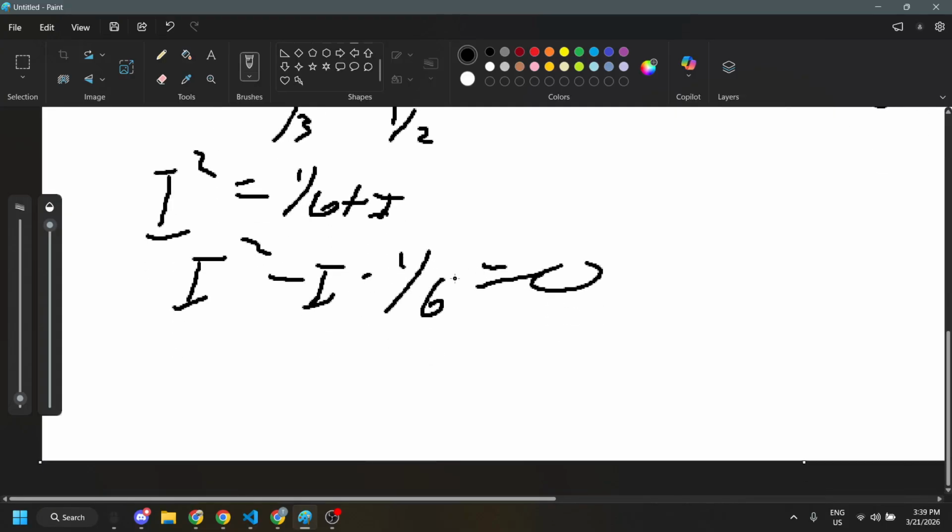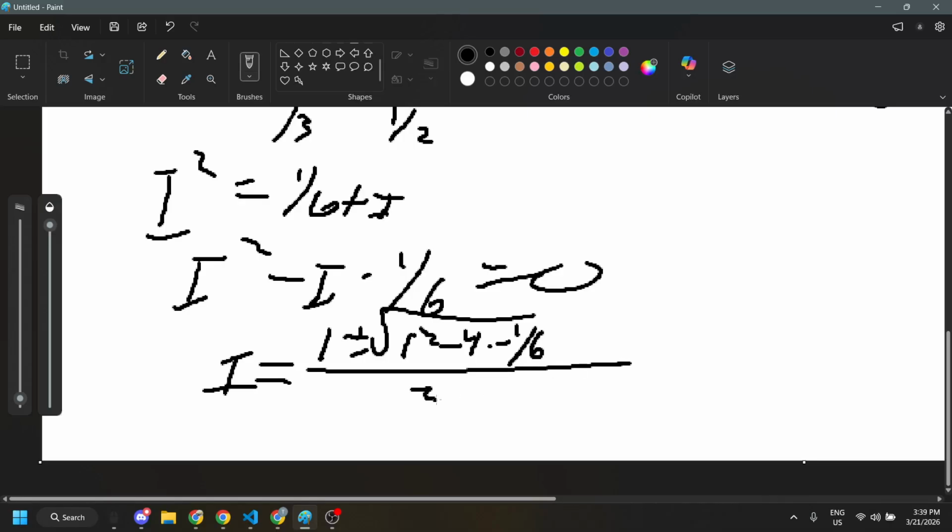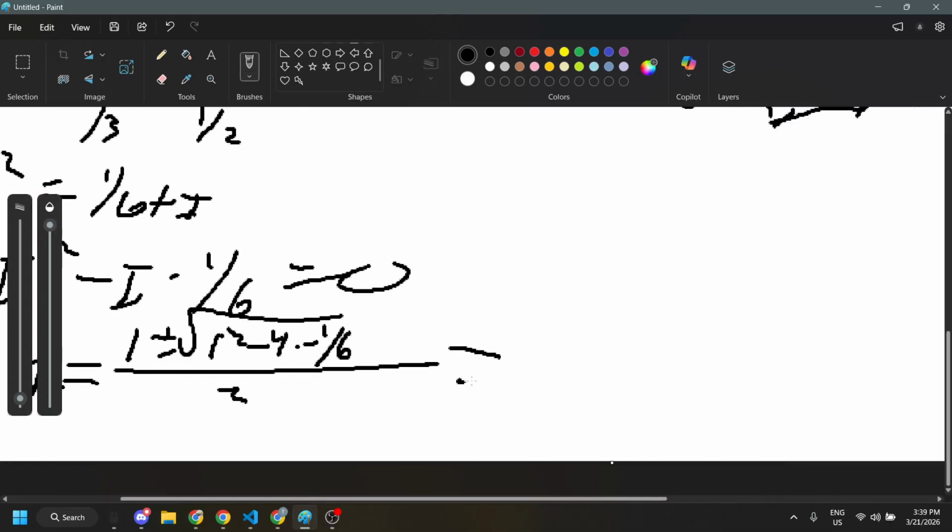So then solving, let's use the quadratic formula, I is equal to negative b, 1 plus or minus the square root of 1 squared minus 4 times a times negative 1/6, all over 2. So we get 1 plus or minus the square root of 1 plus 4/6, all over 2.